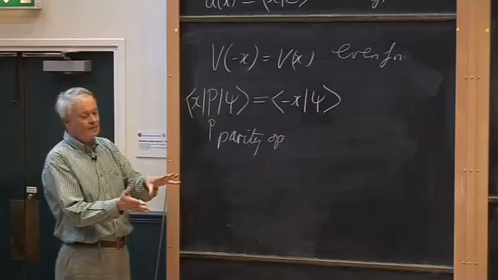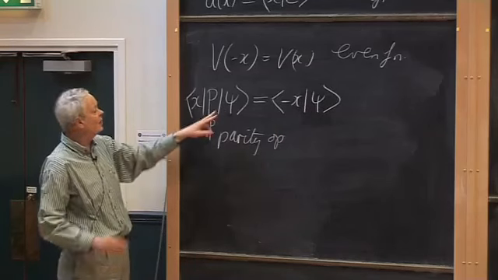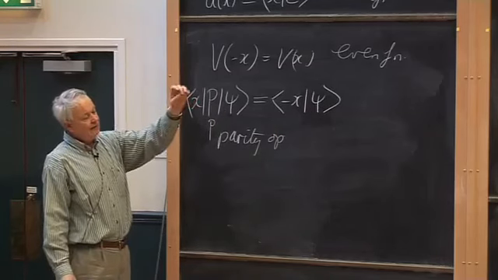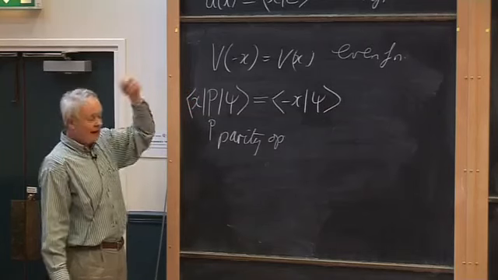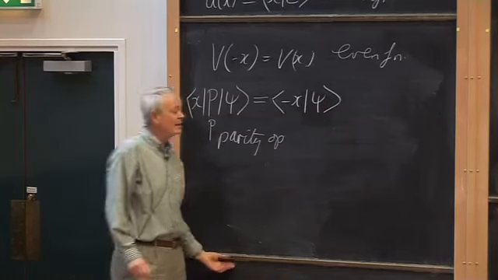So the parity operator makes a state which is the same as the state you first thought of, except that every point is reflected through the origin. We discussed this operator.